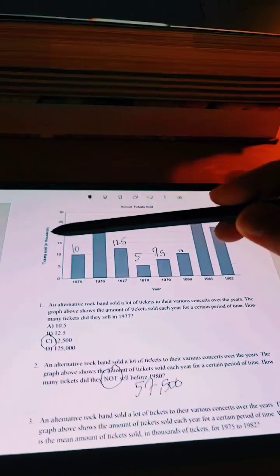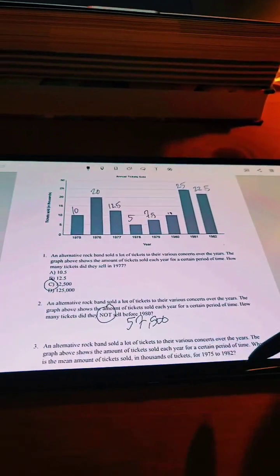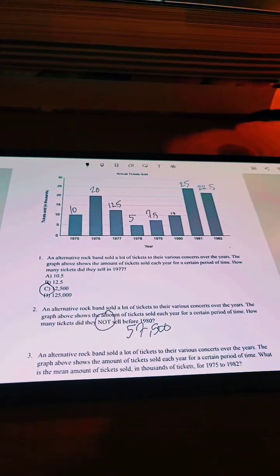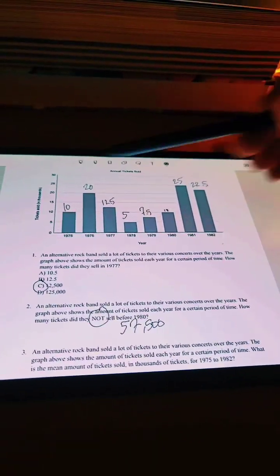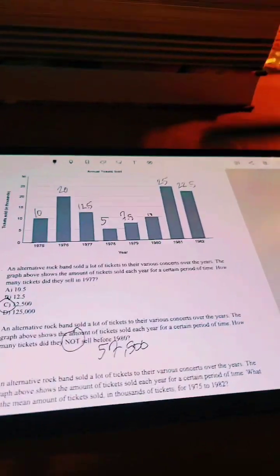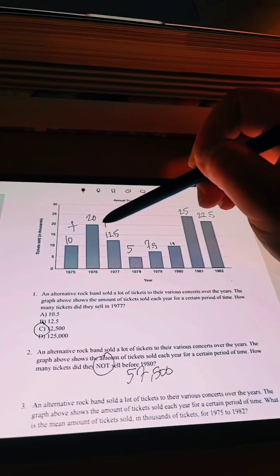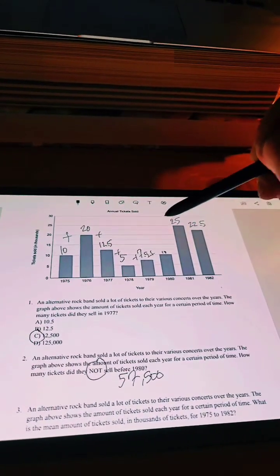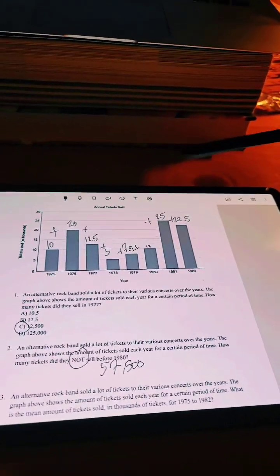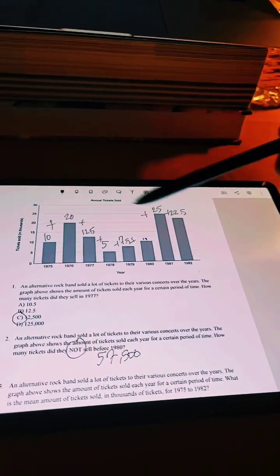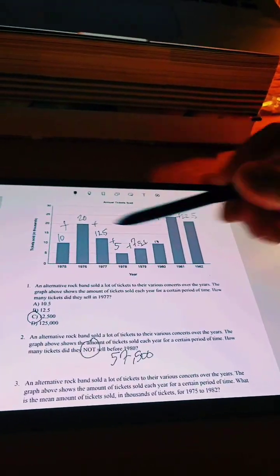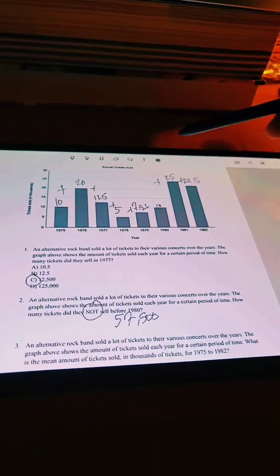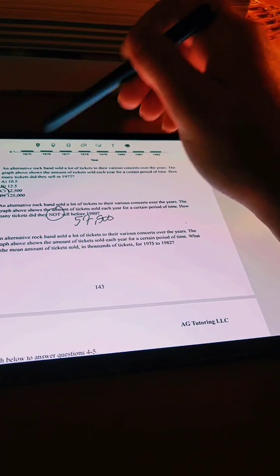Now, it says it's in thousands, and they want the answer in thousands, so I don't have to multiply by 1,000 here because those match. So all I have to do to find the mean is add these numbers up in your calculator, and then divide by how many years we're talking about. There's 1, 2, 3, 4, 5, 6, 7, 8. So you would add these up and then divide by 8. And when you do that, you're going to get 14.06 as your answer.